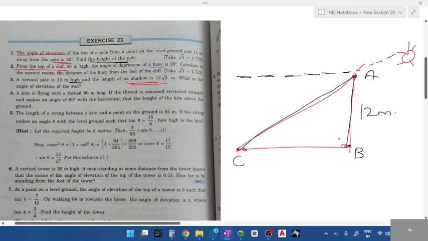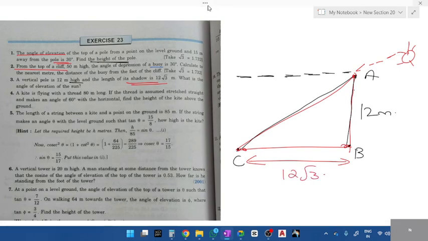What is the angle of elevation of the sun? Okay, so the base BC is the shadow, that is 12 root 3. These are the two values given.